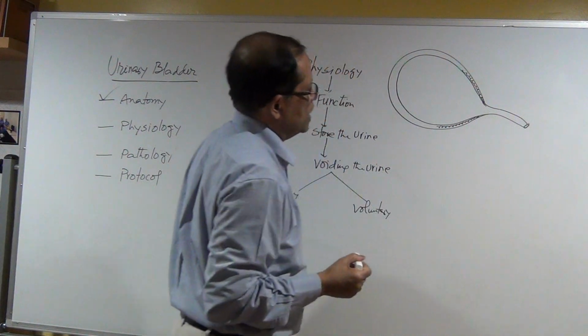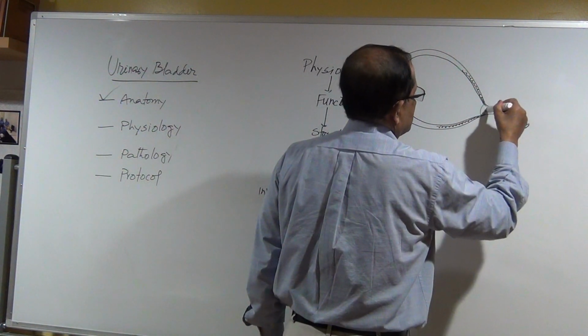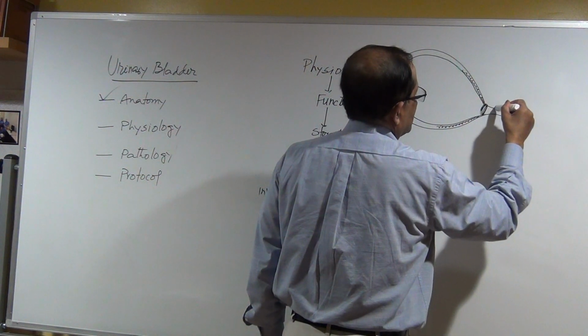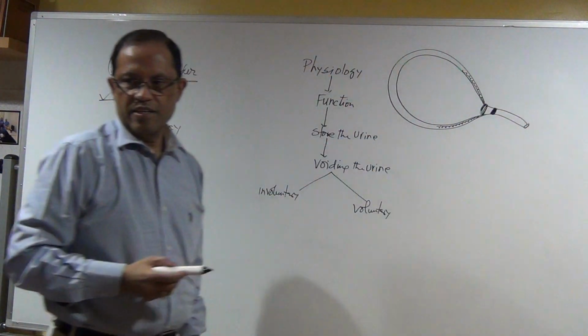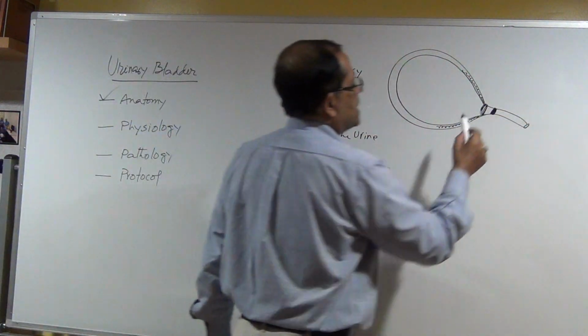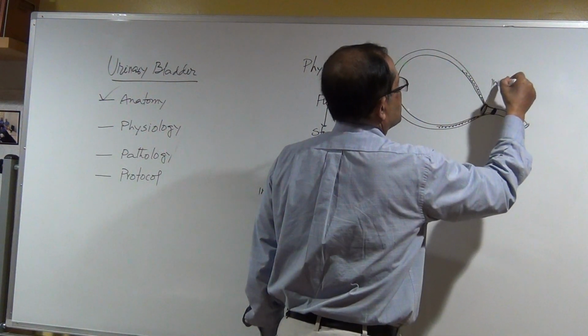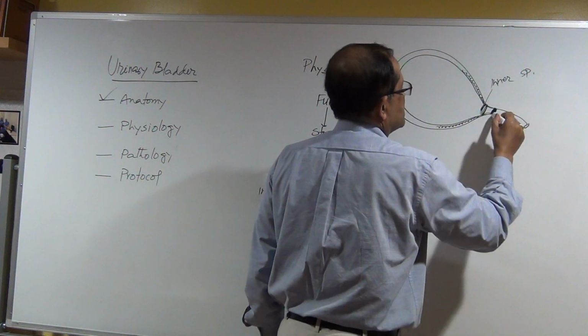Okay, I just draw a little. This detrusor muscle is making two sphincters. This is inner sphincter and this is outer.